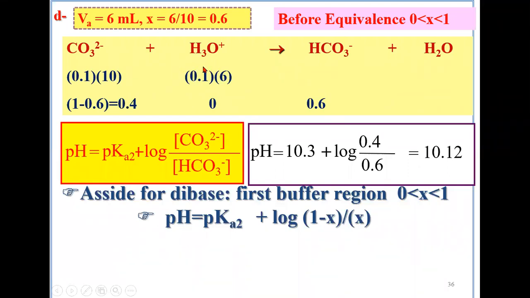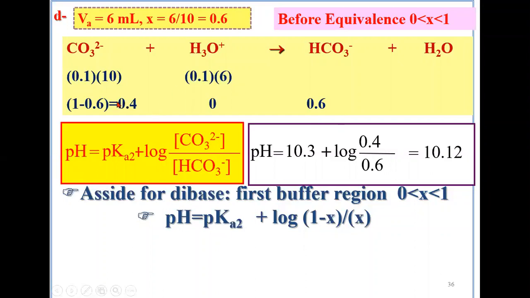The number of moles of acid added, HCl added, will be 0.1 times the volume in milliliters, so these are millimoles. This is the limiting amount, so that's going to tend to 0. Again, epsilon, you can call it that, that's fine too. The carbonate is 1 minus 0.6, left over 0.4. The hydrogen carbonate is 0.6.